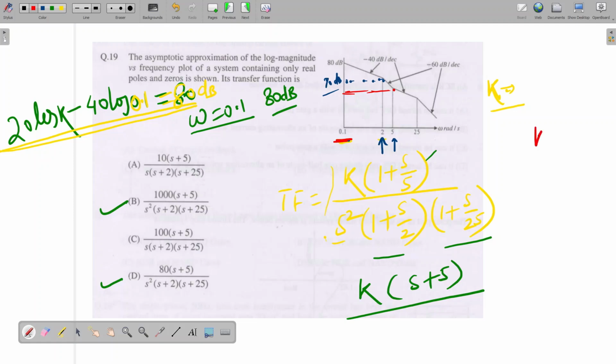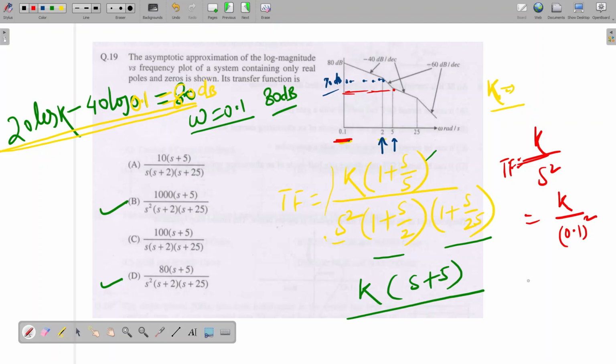So what will be the remaining? K by s square, after neglecting the others. At 0.1, what will be the magnitude? The magnitude will be k by omega square.